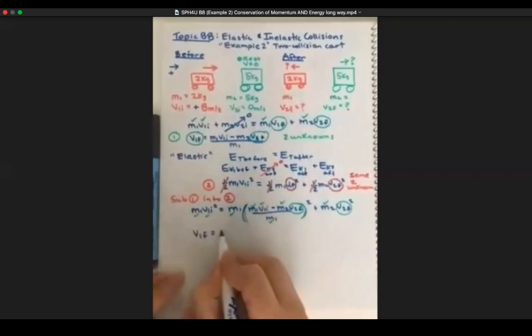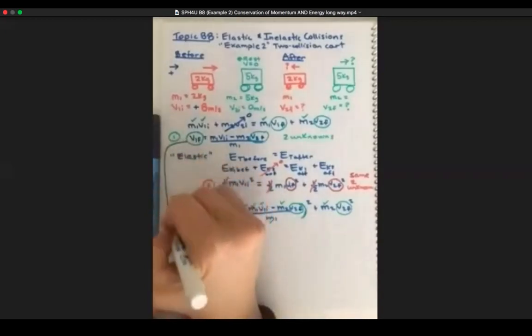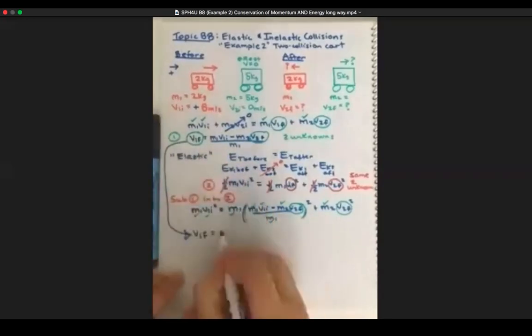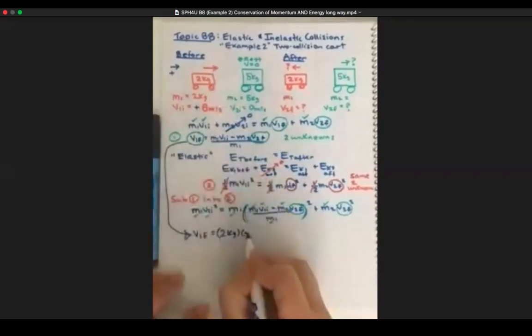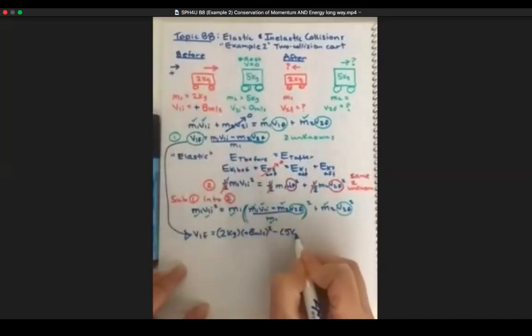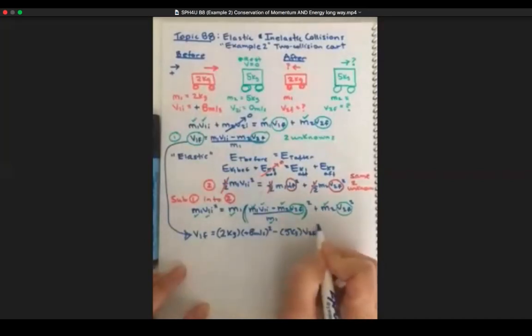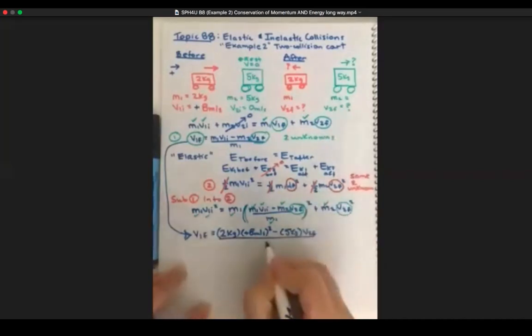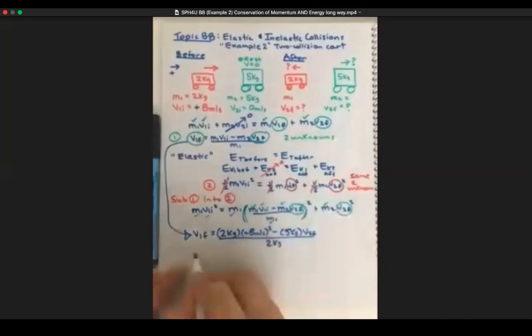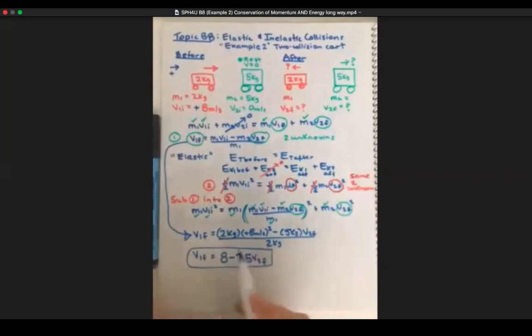So I'm going to substitute into this equation with numbers, so it's not so messy. 2 kilograms, which is m1, times positive 8 meters per second, minus 5 kilograms times the v2f that we are trying to solve for, divided by 2 kilograms. That's going to simplify to 8 minus 2.5 v2f. So that is my equation 2.